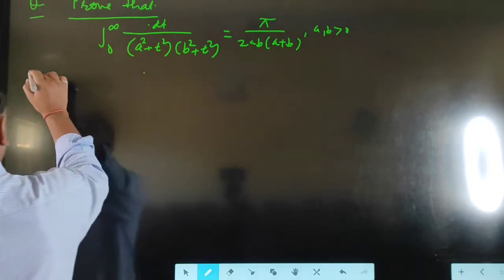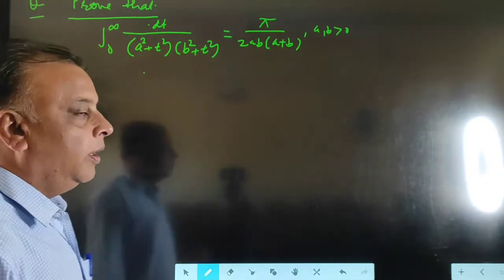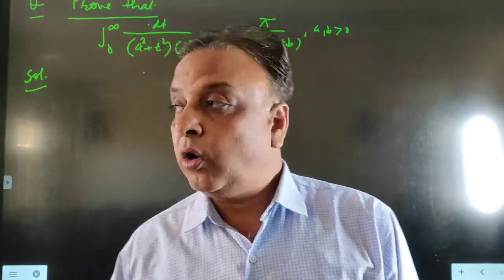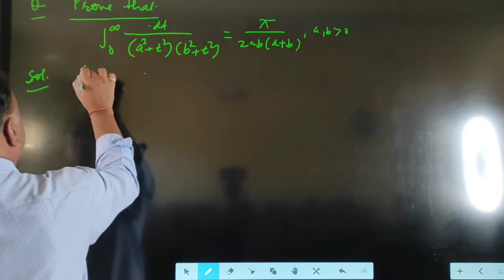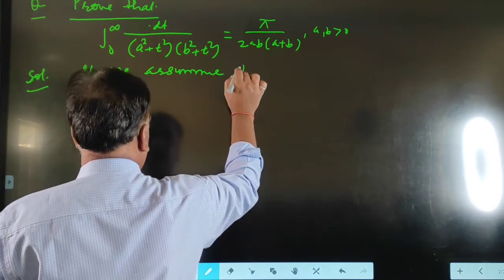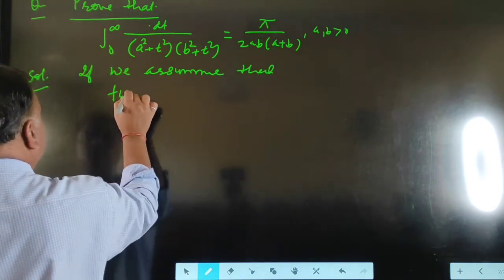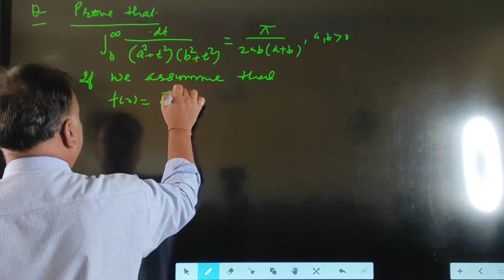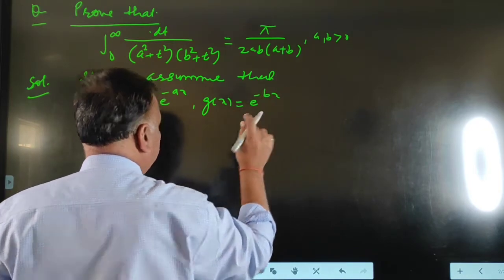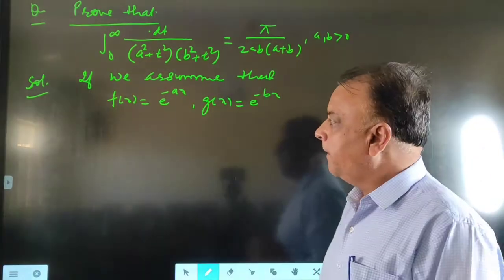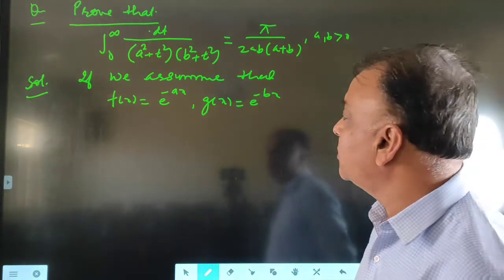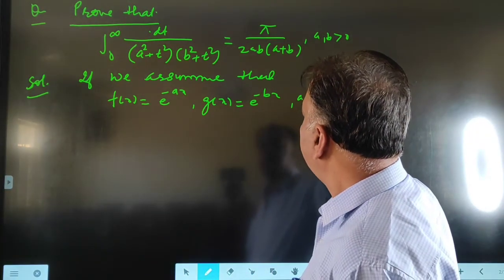So for the solution of this problem, if we use the Parseval's identity, then we assume some functions according to the given problem. Assume that f(x) is equal to e raised to minus ax and g(x) is equal to e raised to minus bx, where a and b are positive.